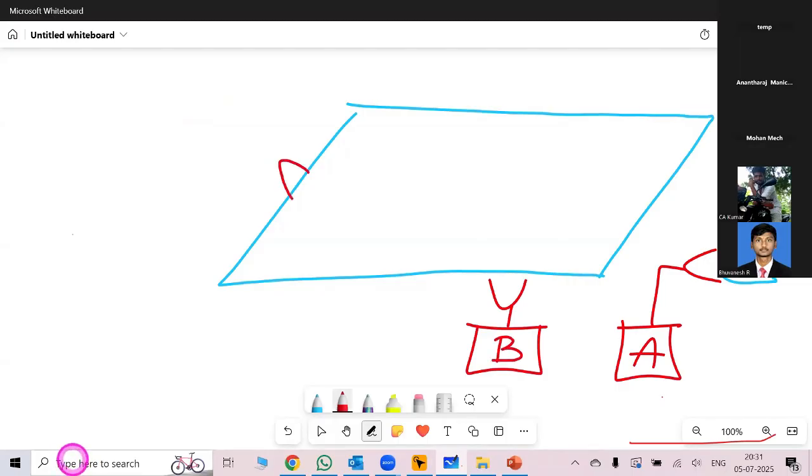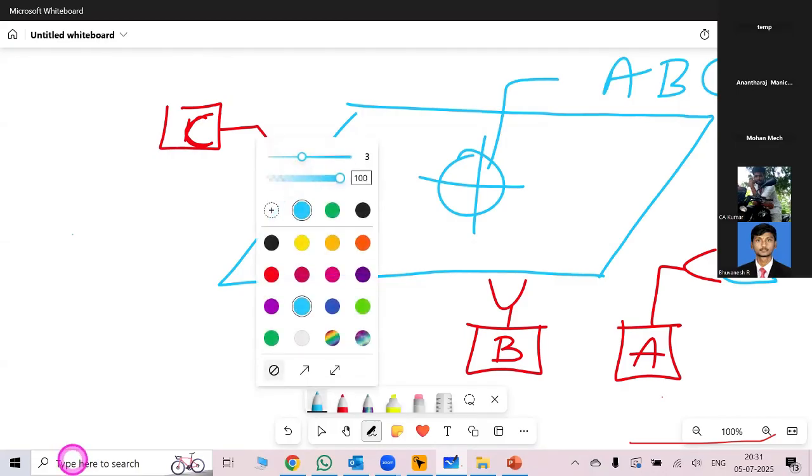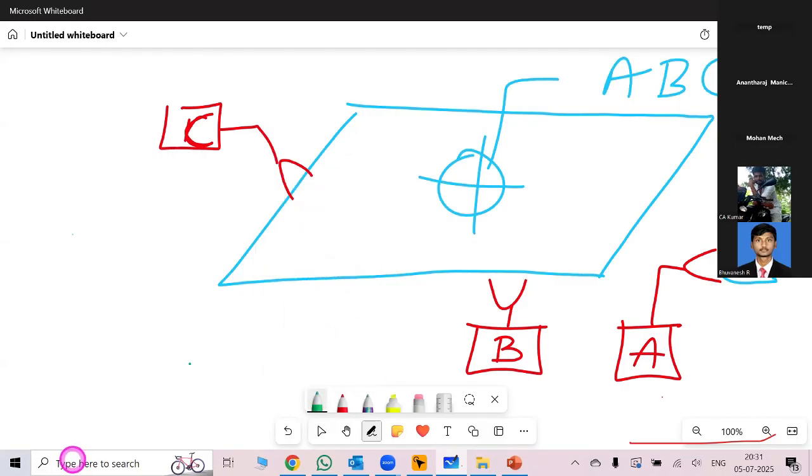Now, if I take this as the third datum, C is not perpendicular to B, but it is perpendicular to A. And if I want to make a hole over here, I can take a positional tolerance and give A, B, C as the datums. Now, what is the meaning of this is, this plane will intersect this B datum.